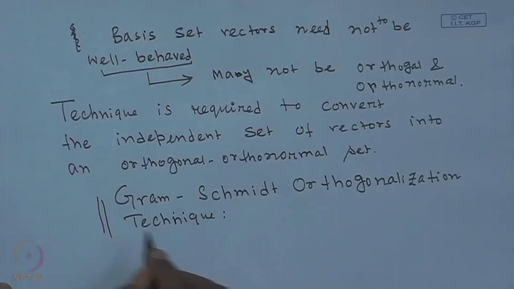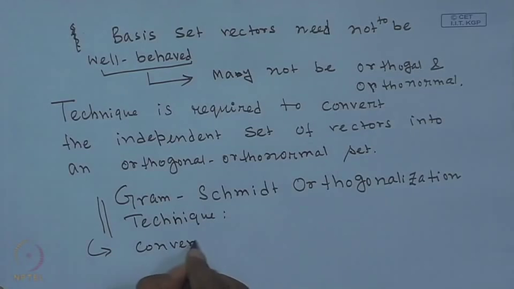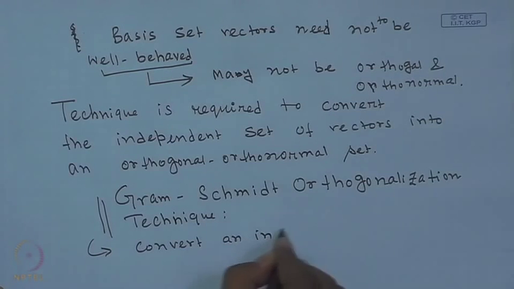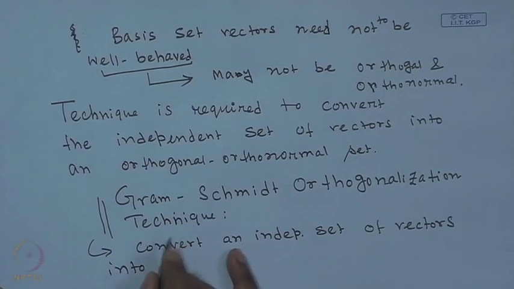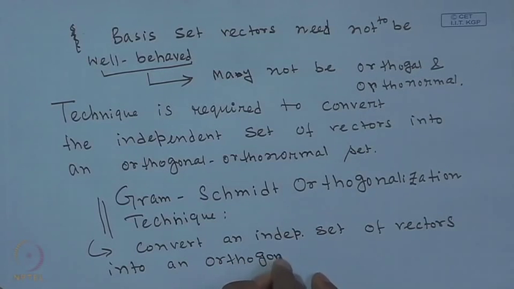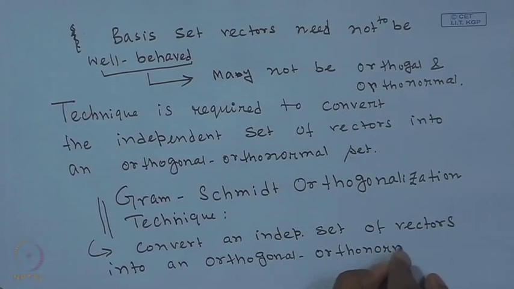So, by using this technique one can convert an independent set of vectors into an orthogonal, orthonormal set of vectors.